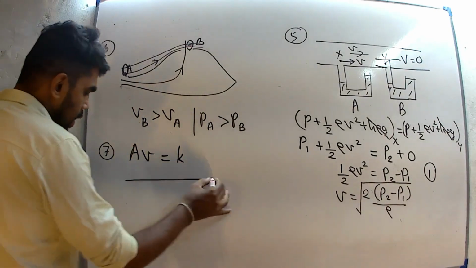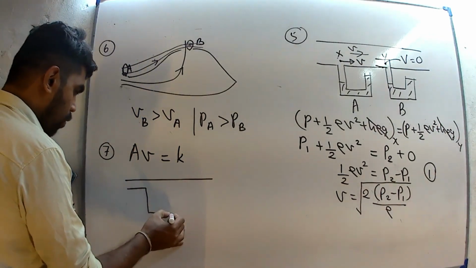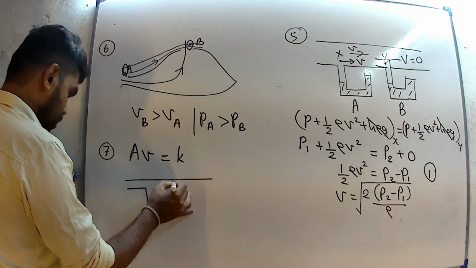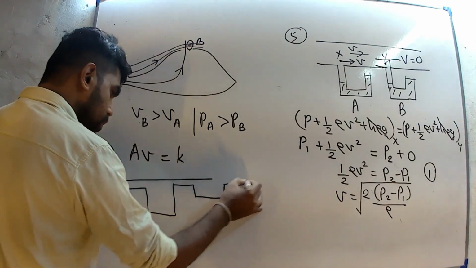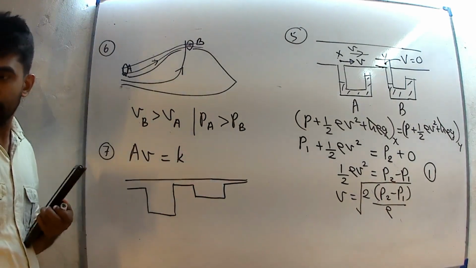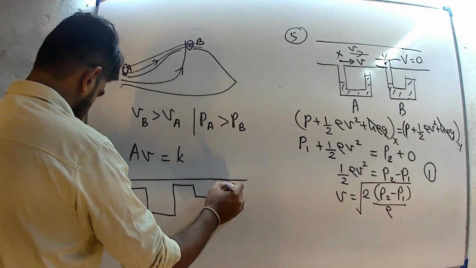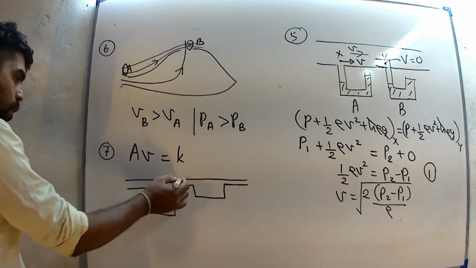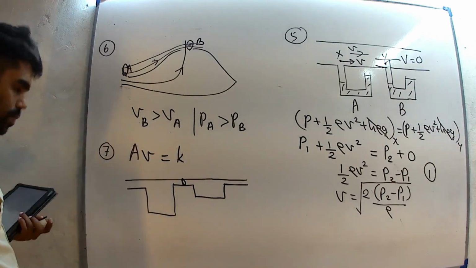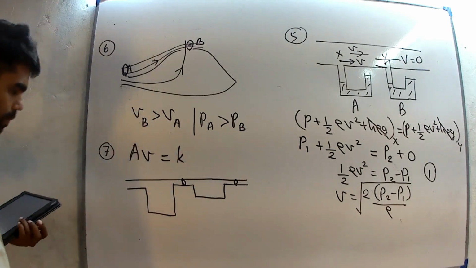We have to consider the area of the flow tube. There are 4 parts, and the smallest area is for this part. It is equal to the area of this part.